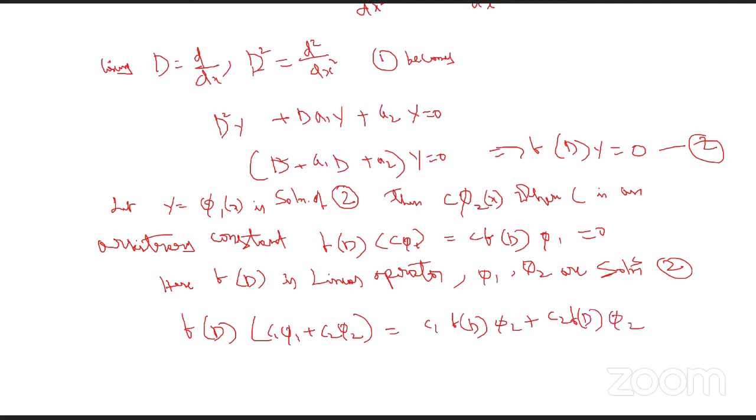That means c1 into 0 plus c2 into 0, that equals 0. That means f(D) phi 1 equals 0.